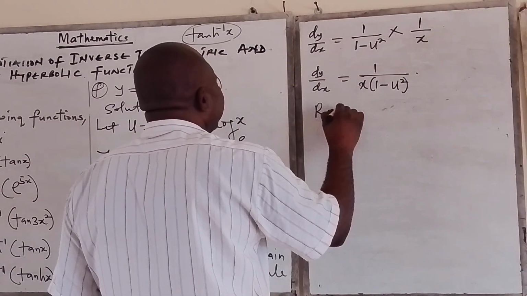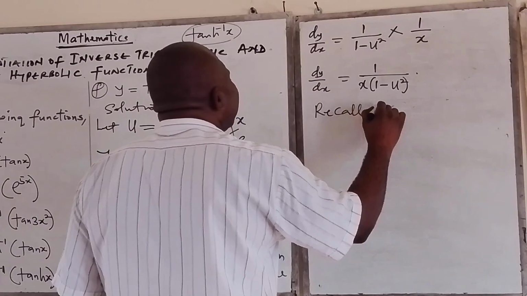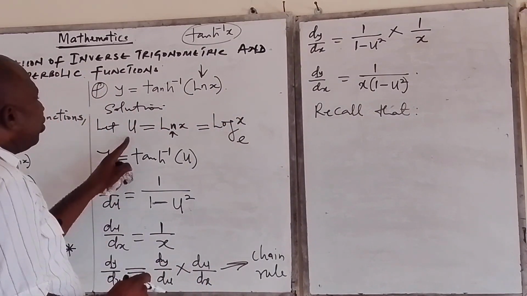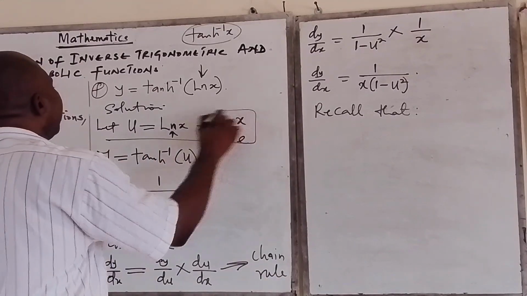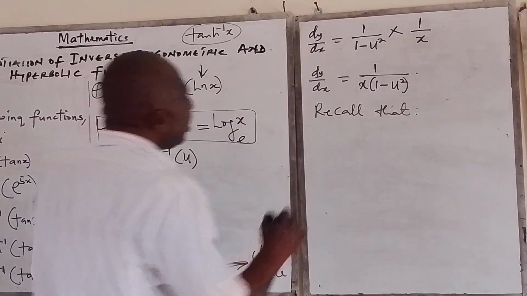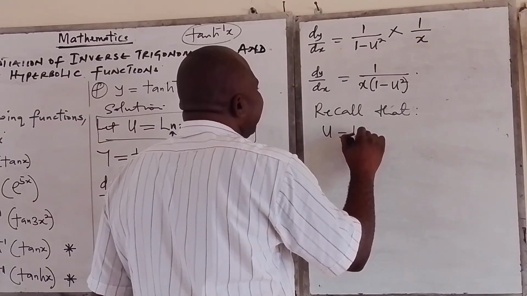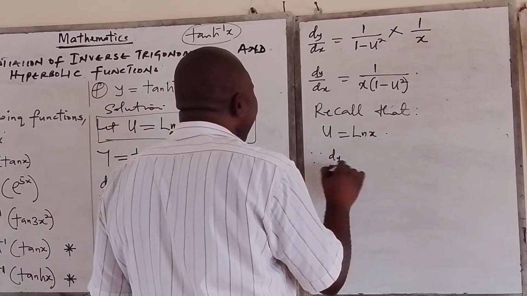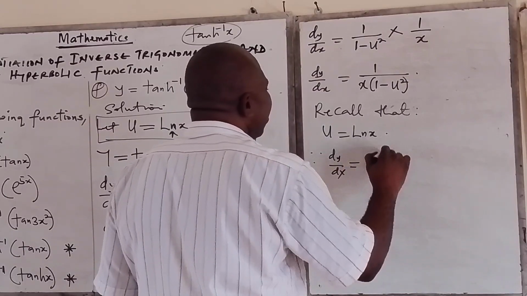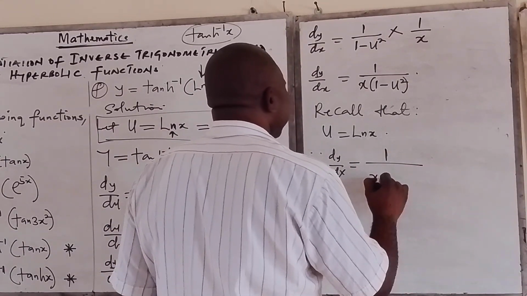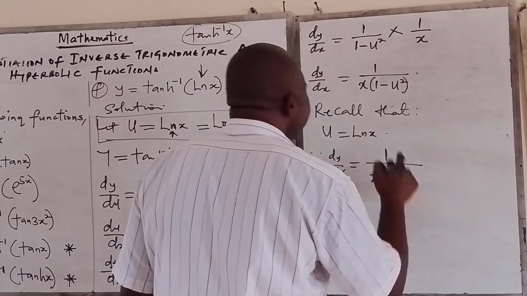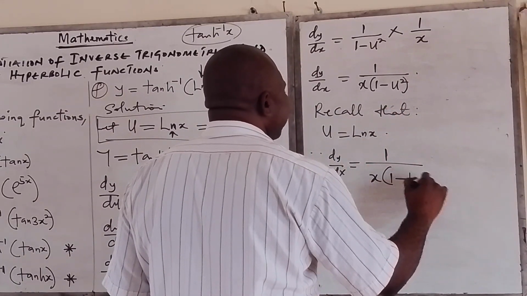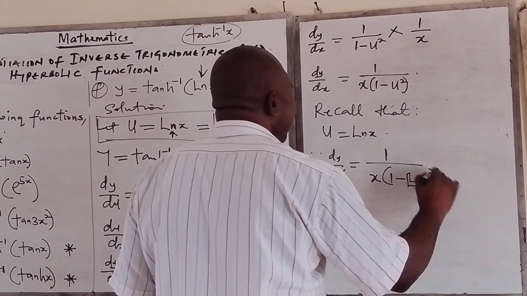Now recall that the value of our u is equal to ln x. So it therefore means that dy/dx will be equal to 1 all over x in bracket 1 minus the value of u, and u is ln x, so we have ln x all squared.